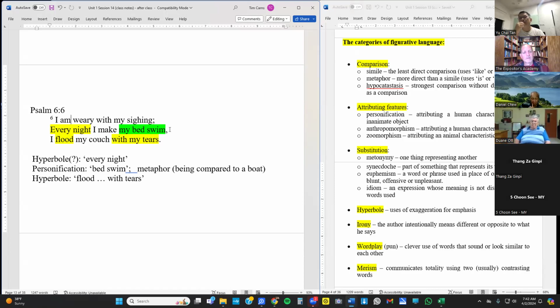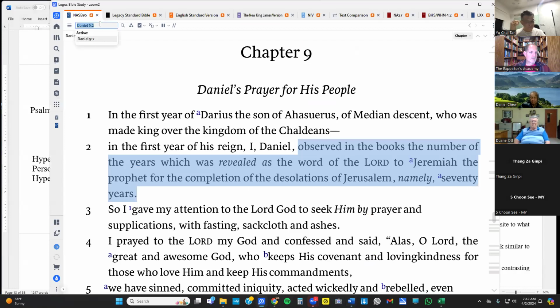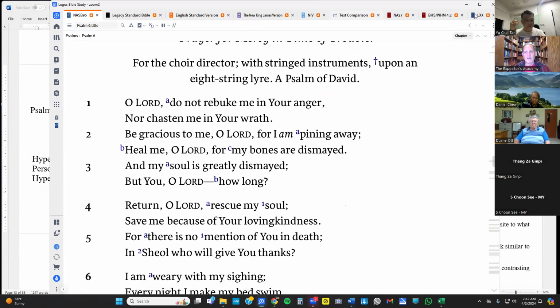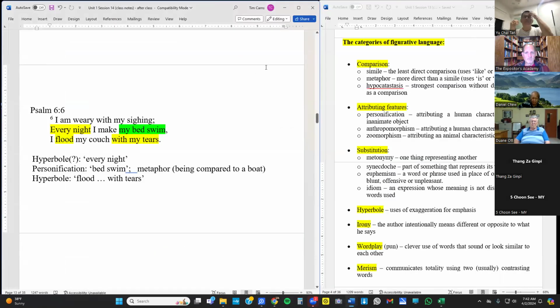Here, I think it's David, and he's not mandating that this be done. It's David in a time of trial. He's just describing what he was feeling, what he was experiencing.